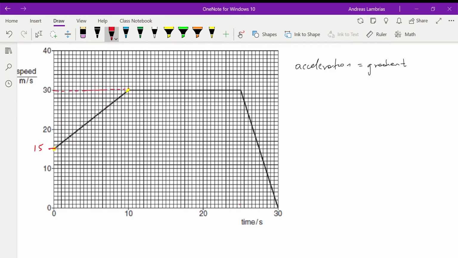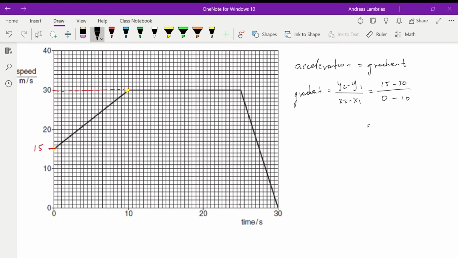So my gradient will be again y2 minus y1, change in y, over x2 minus x1, change in x. So we started at 15, we finish at 30, and in terms of time we started at 0, we finished at 10 seconds.